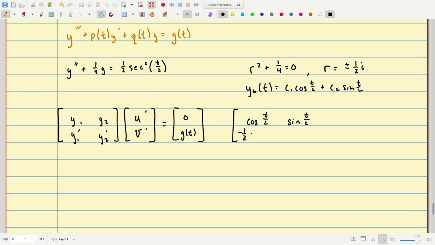So negative 1/2 sine t halves and then 1/2 cosine t halves times the vector u prime, v prime. If you're going to use u and v, make sure that I can read and tell the difference between your u's and v's, please. And then 0 and 1/2 secant squared t halves.